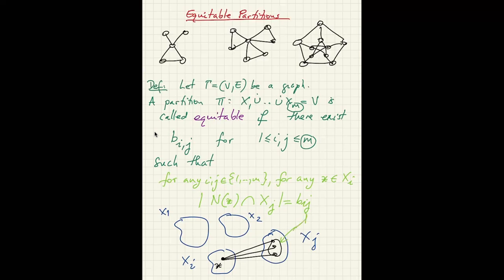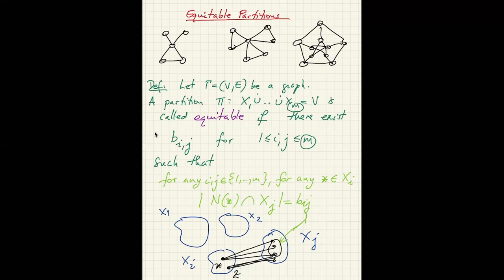Similarly, if you give me another vertex here, let's call it z, and I look at the neighbors there in Xj, the number of neighbors is also the same. They may not have the same neighbors, but they have exactly bij neighbors all the time. That's what we mean by an equitable partition.